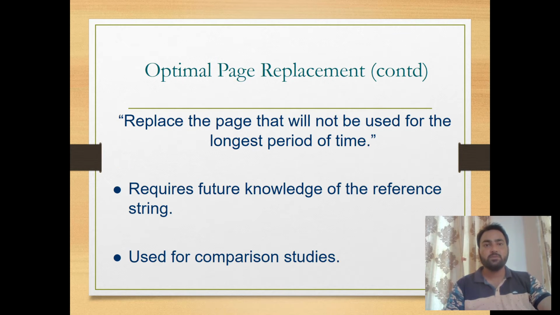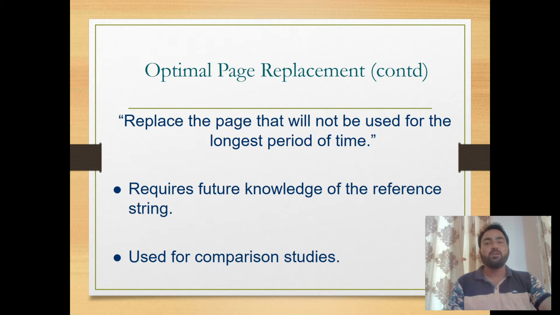Also, when we talk about optimal page replacement, it tells us to replace the page that will not be used for the longest period of time. That means we will look into the future reference string of pages.